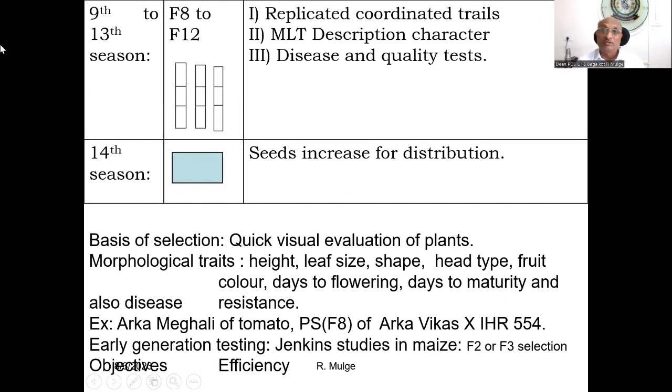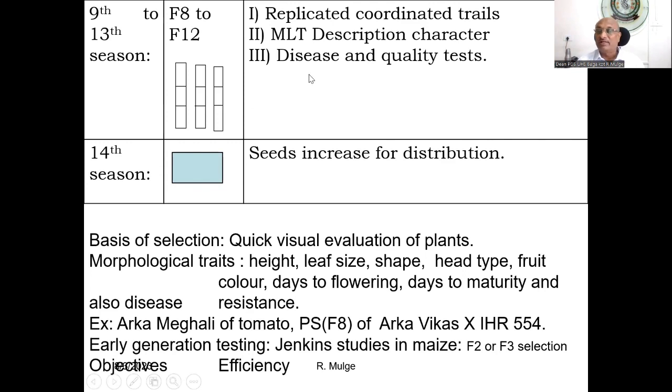When you want to release the variety, you need the characterization of that variety: how tall it is, how many branches it gives, what kind of leaf it has, the internodal length, the color of the fruit, the pigmentation on the stem, and so on. You have to prepare the descriptor of that variety. You can also go for disease and quality tests there. So we are now confirming, yes, it's very good.